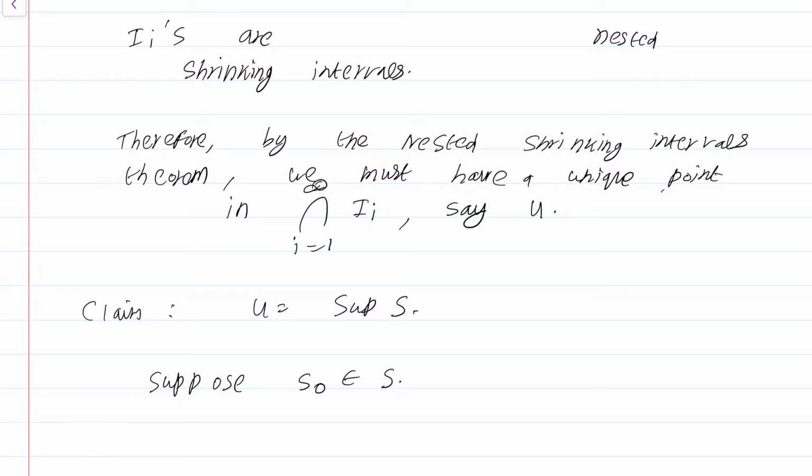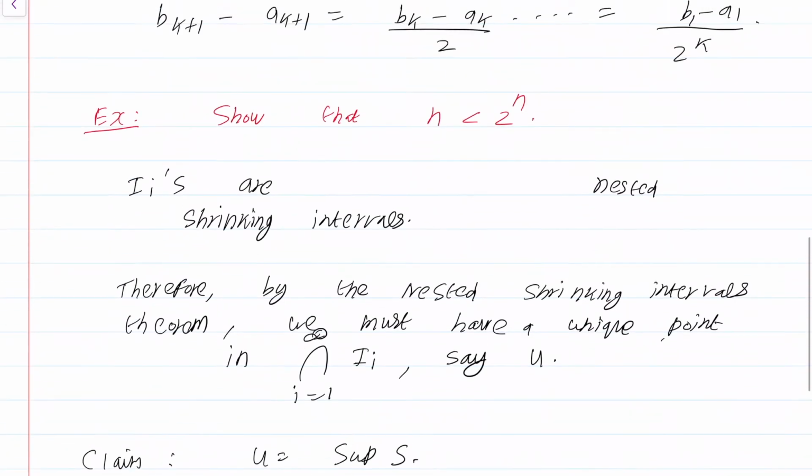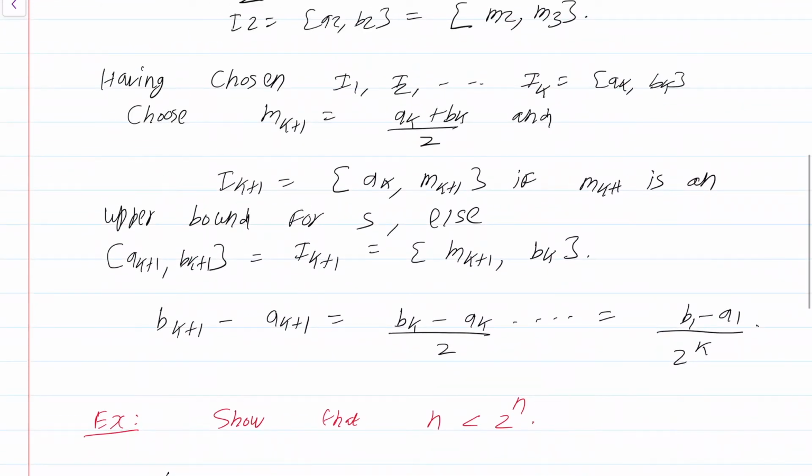Okay. Now, first of all, observe that each B_n by our construction is an upper bound for S. That's how we constructed each one of the I_n's.